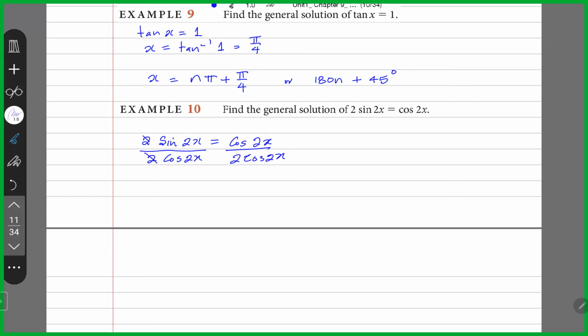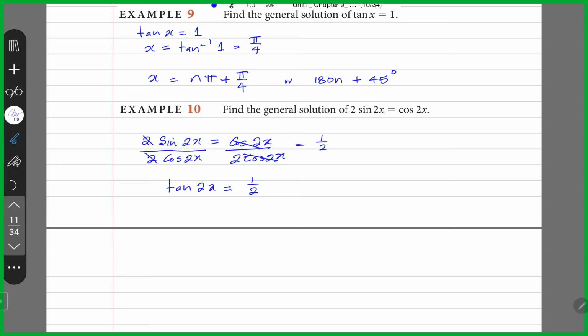The 2 cancels the 2. Now, sine 2x over cos 2x is actually tan 2x. So this is tan 2x. Cos 2x cancels cos 2x. This is a half. So tan 2x is equal to a half.